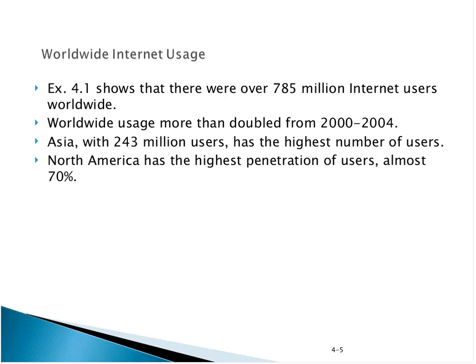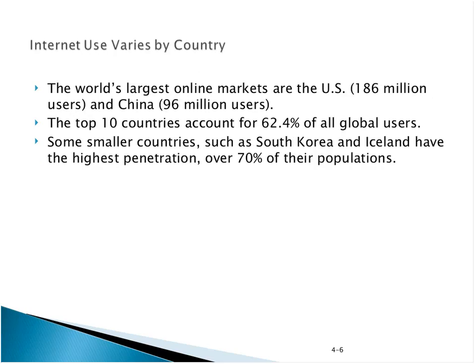Let's go further. Internet use definitely varies by country. We just explained how it is regionally different. North America has almost a 70% penetration rate, and they are one of the main contributors, but they are not the maximum. The world's largest online markets are the US, with 186 million users, and China, with 96 million. This is by country.